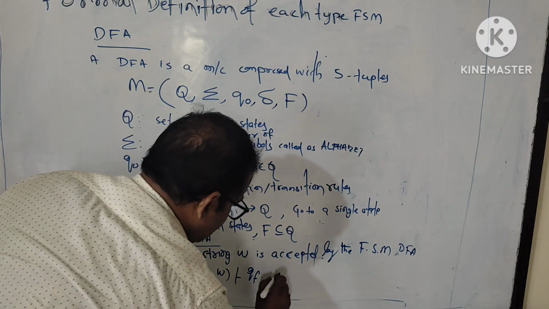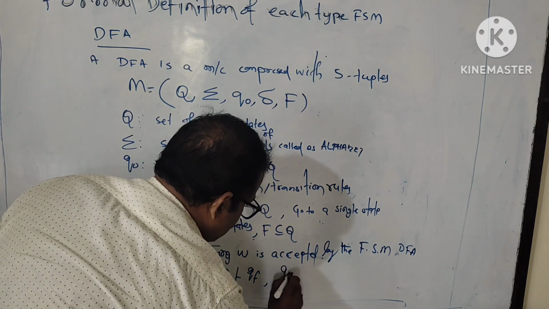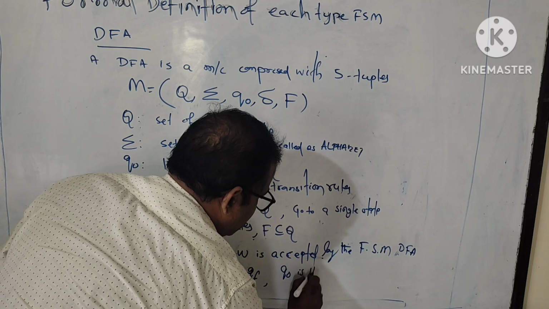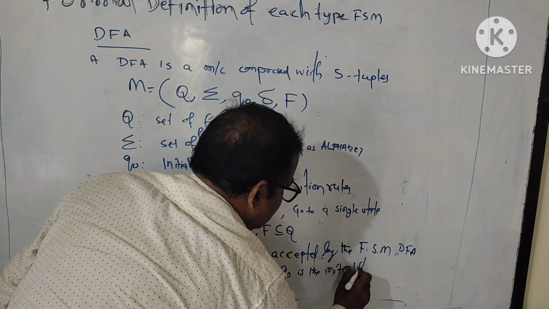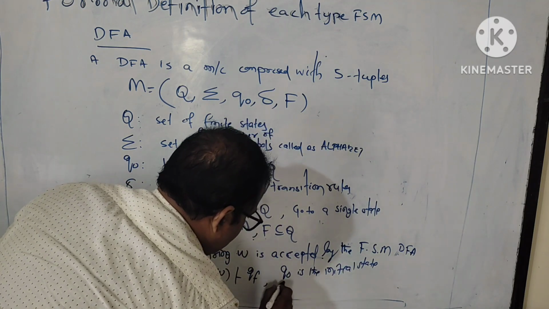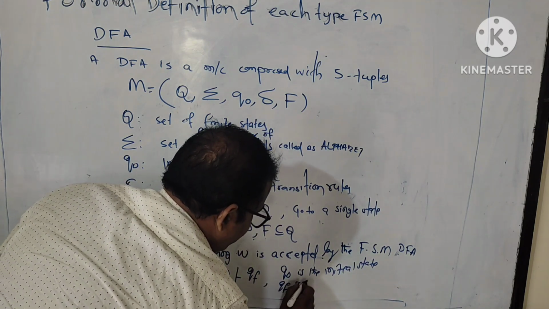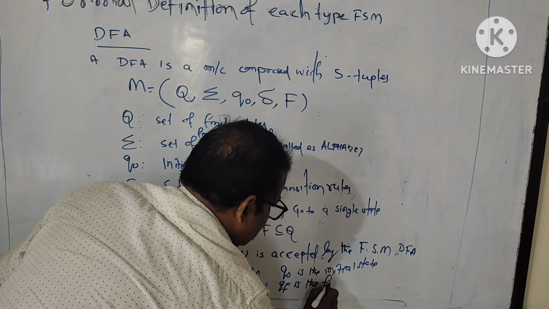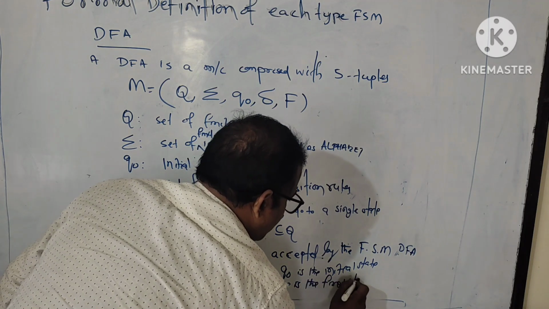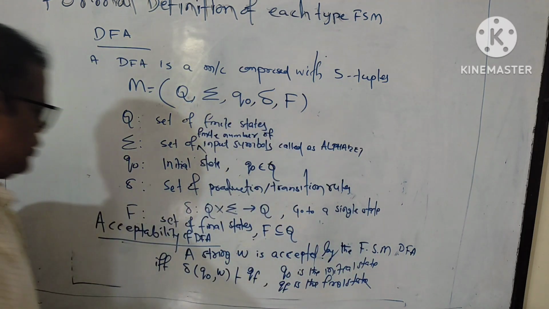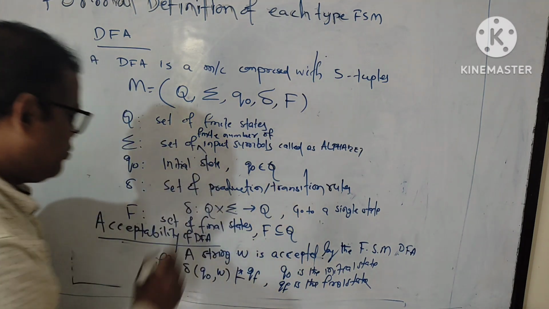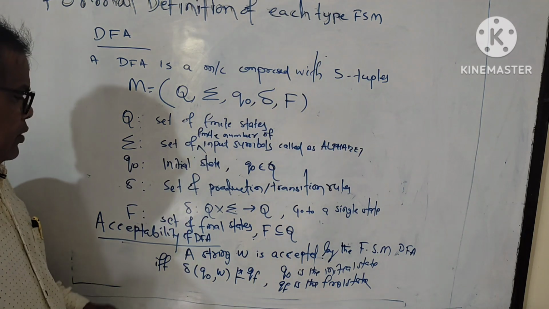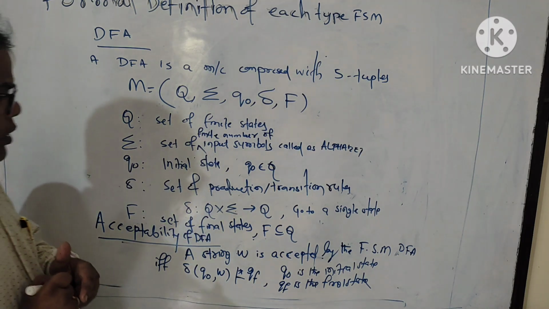What is the idea? Q0 is the initial state, and QF is the final state. By some repetition of the steps, you will get it here. So this is called the acceptability of the DFA.